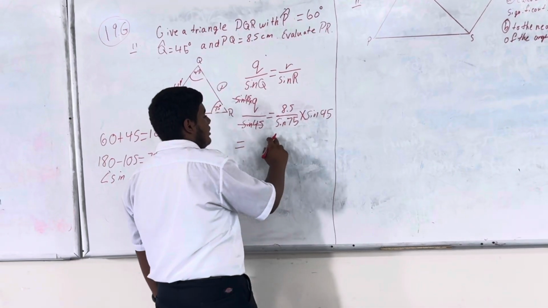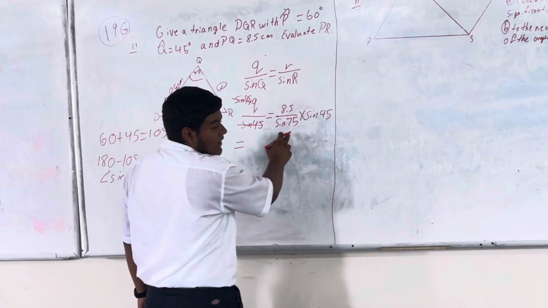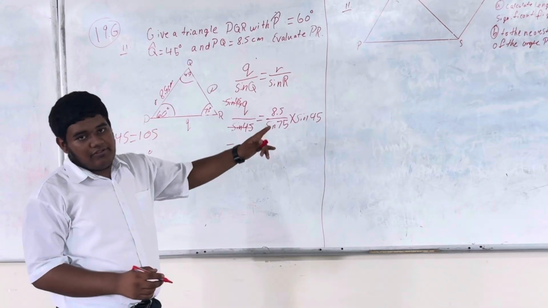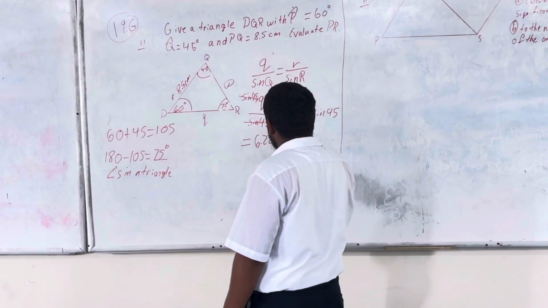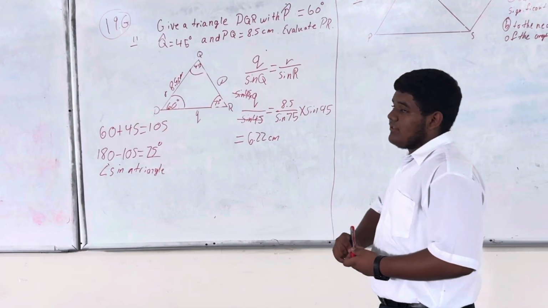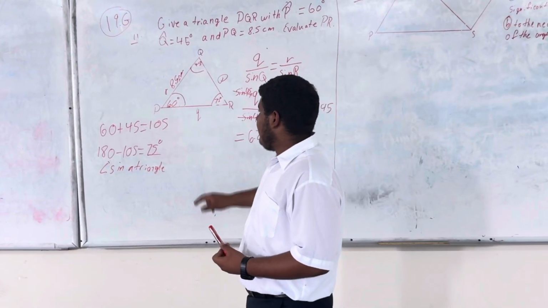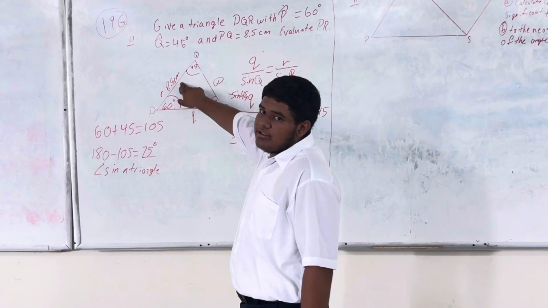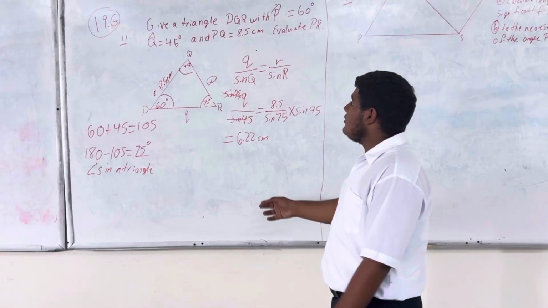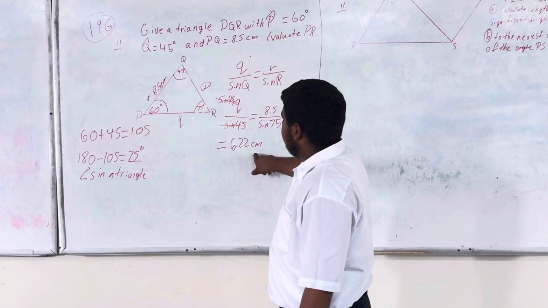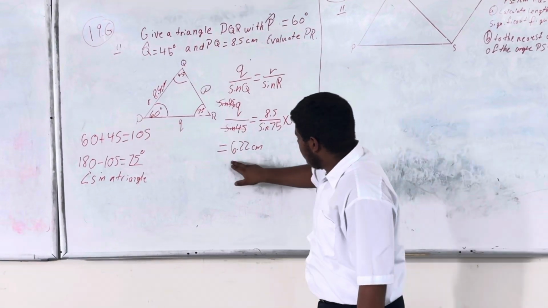When you put 8.5 over sine 75 times sine 45 into your calculator, it will give you 6.22 centimeters, because centimeters is the unit being used to measure this triangle. So your answer would be 6.22 centimeters. So PR is equal to 6.22.